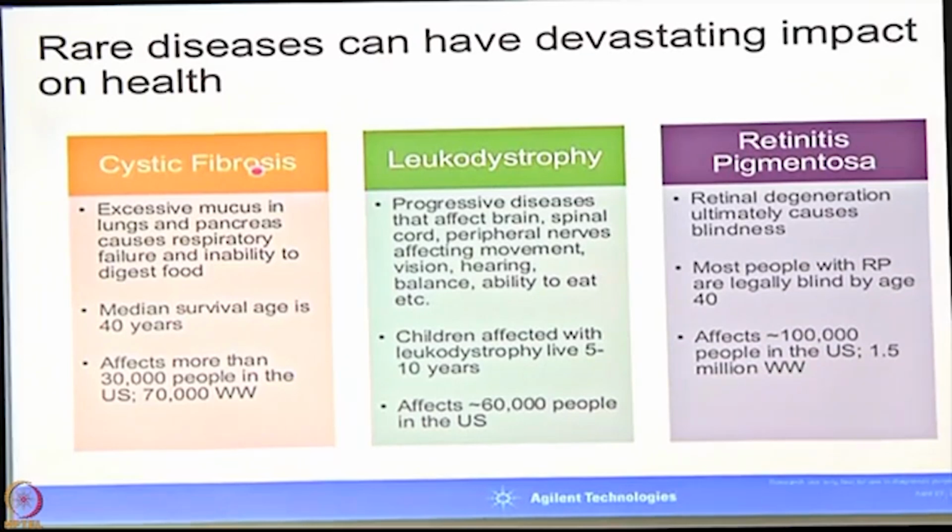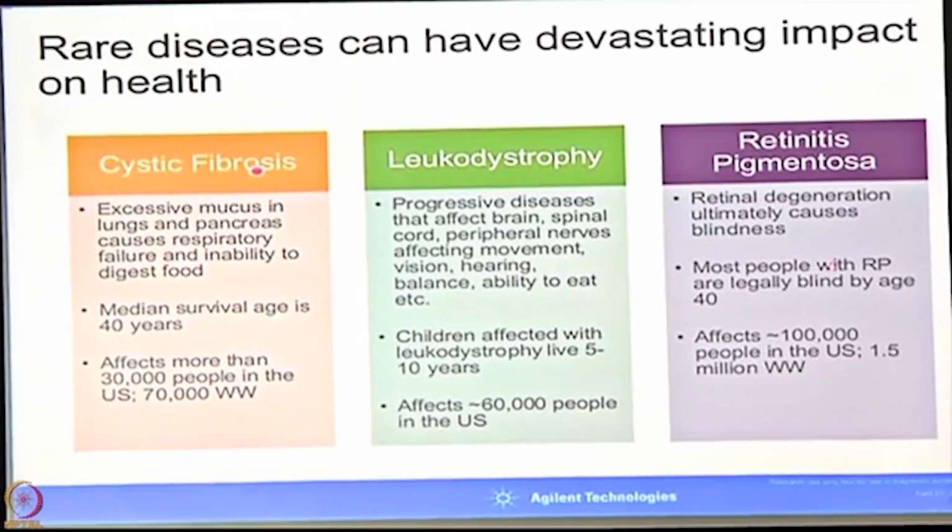Then leukodystrophy, this is again a progressive disease affecting the brain, spinal cord, and the nervous system. Children of 5 to 10 years are affected with this disease, and around 60,000 children are affected worldwide.